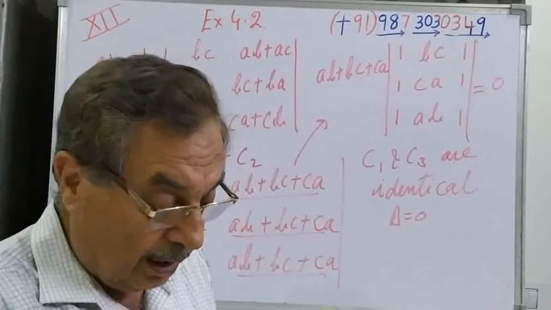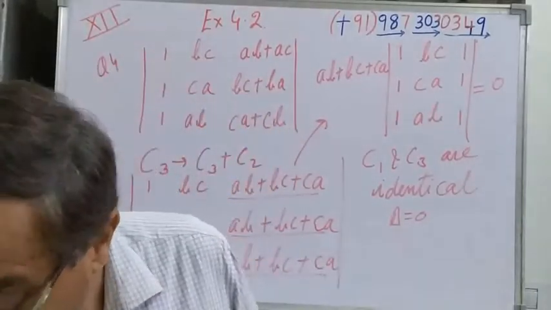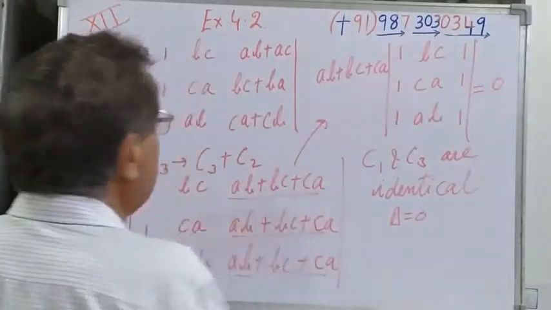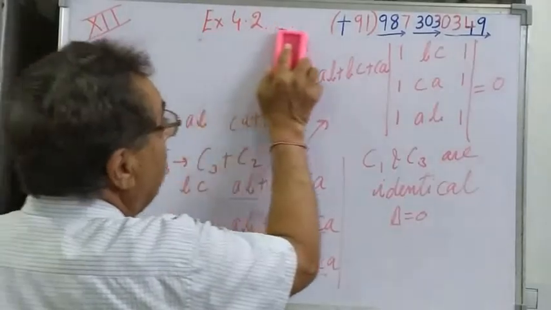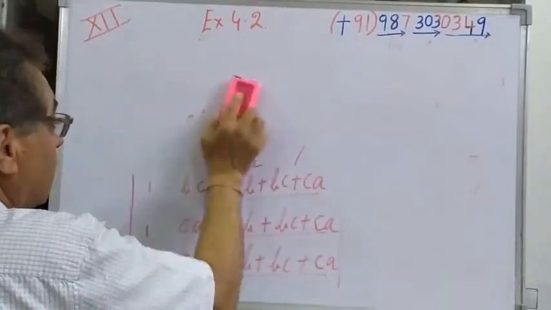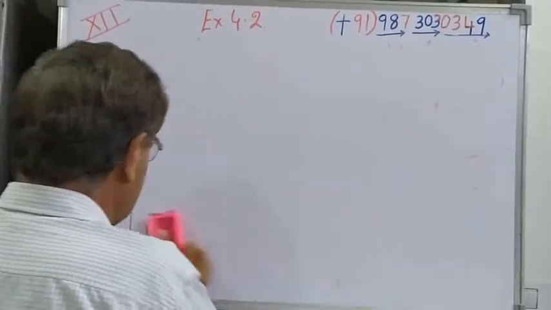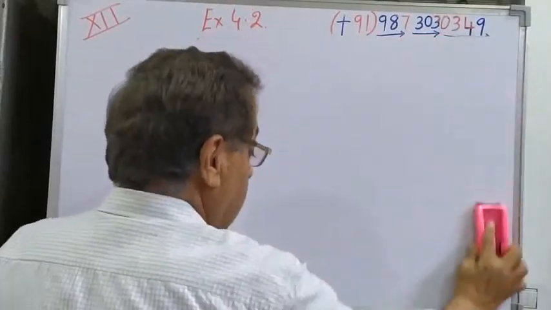Now let us come to the next important question, question number 7 of exercise 4.2. What does question number 7 say?